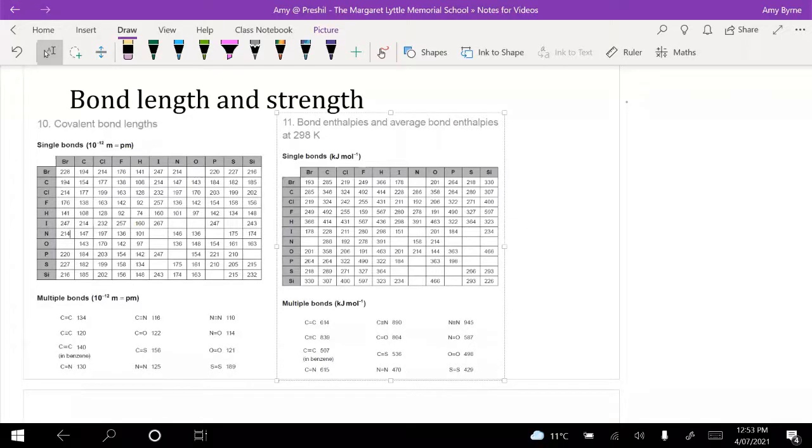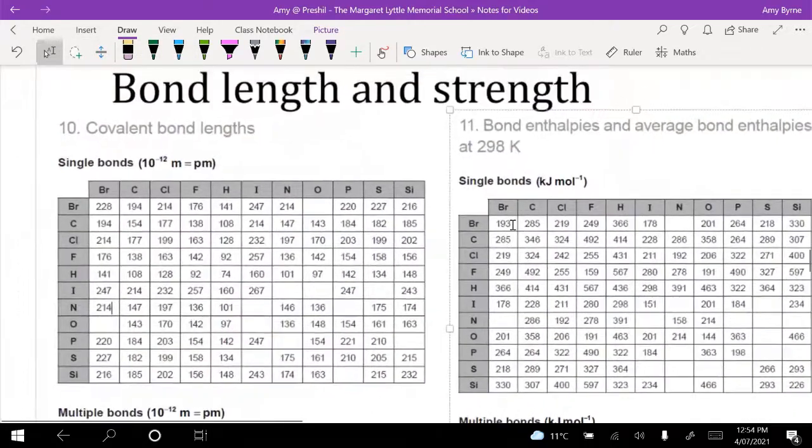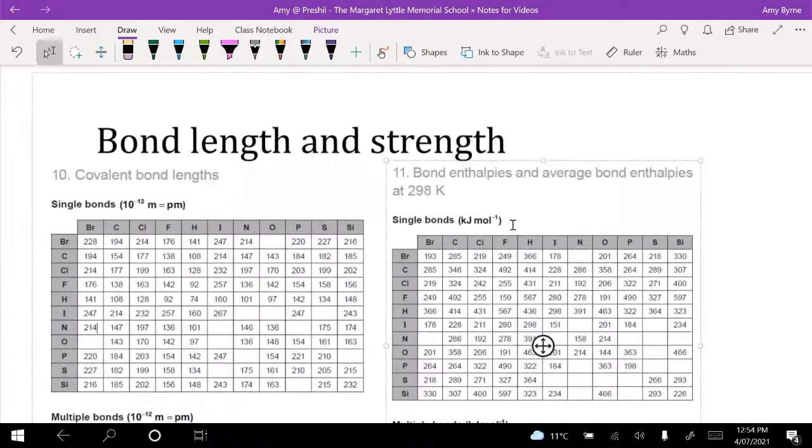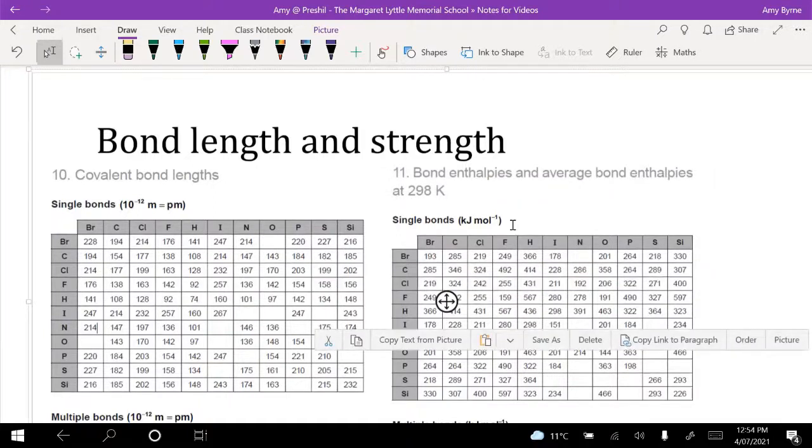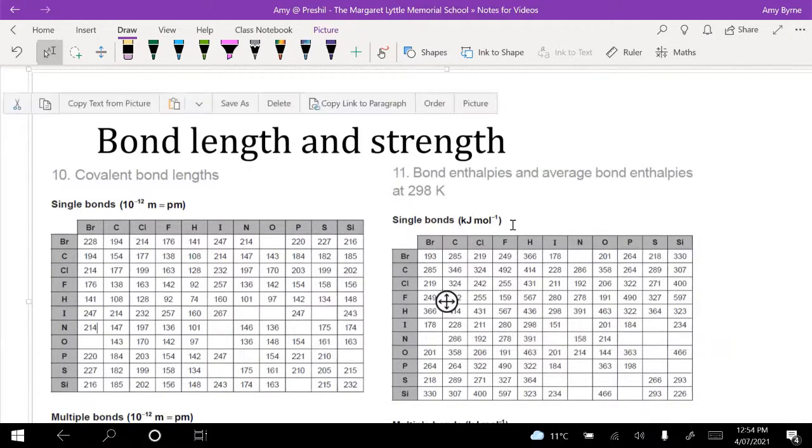Okay, so I've grabbed those snaps out of the data book. They are on the next pages from each other. So on the left, I have the bond lengths, and those are measured in picometers. And then on the right, we have the bond enthalpies.